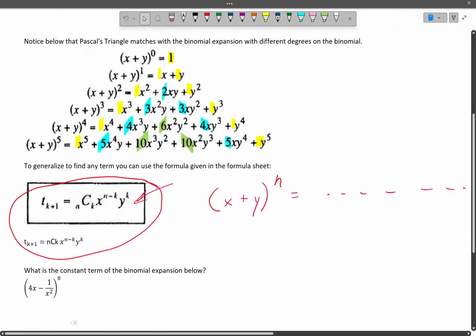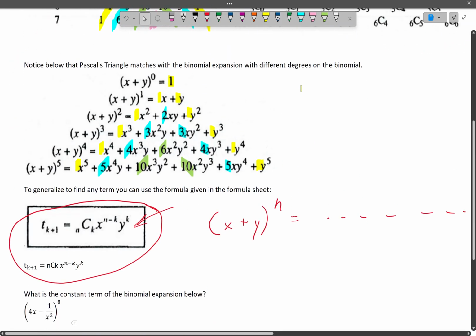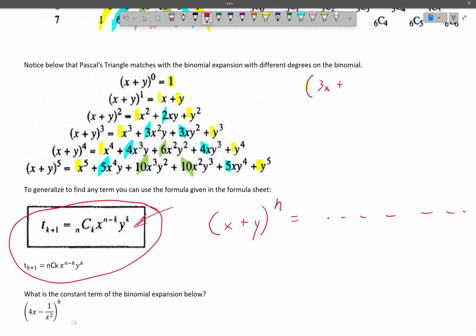So let's do a simple one first. If we had something as simple as 3x plus 2y to the exponent 4, what we can do is just look at the one that matches, keeping in mind that the x and y here are different than the x and y here, right?